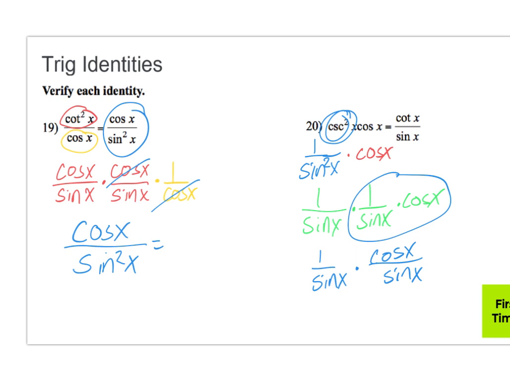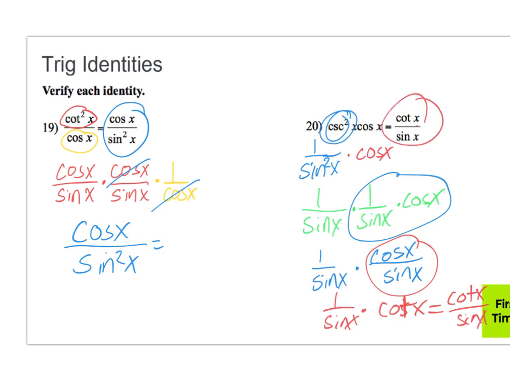We already said that cosine of x over sine of x is equal to cotangent of x. And we've got 1 over sine of x holding steady there. That gives us cotangent of x over sine of x, which is what we're trying to do for this problem.